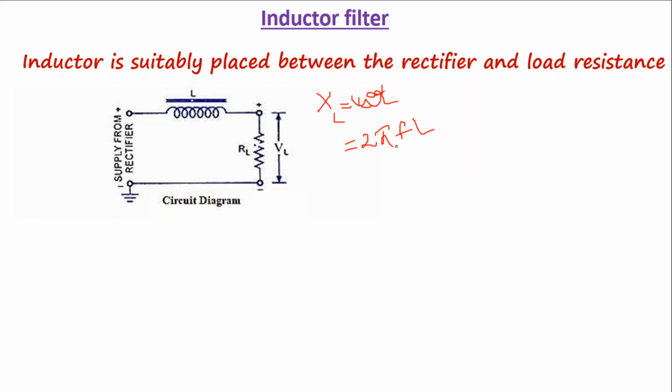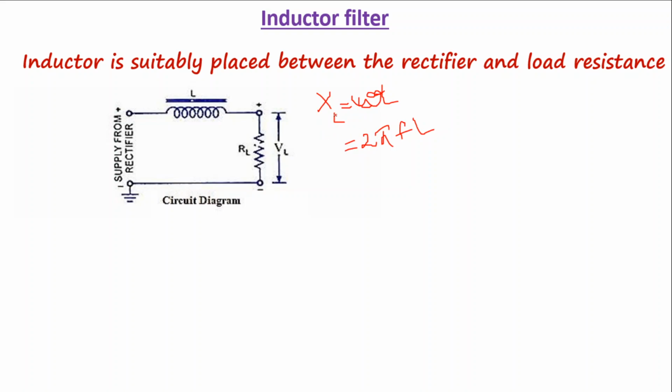But the output of the rectifier has a significant component of AC, and that AC signal has a frequency. So for the AC, the f value is quite significant and your XL value will be quite high.